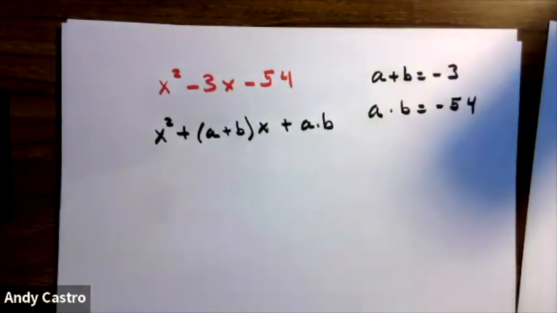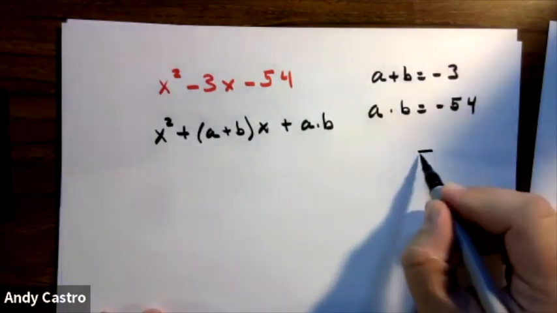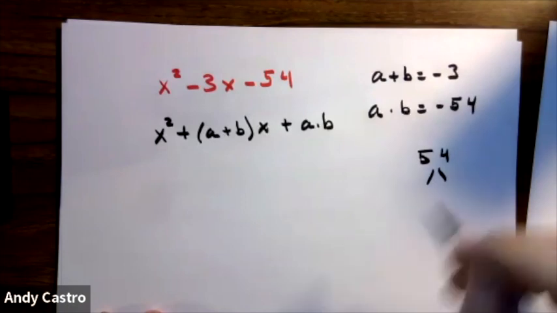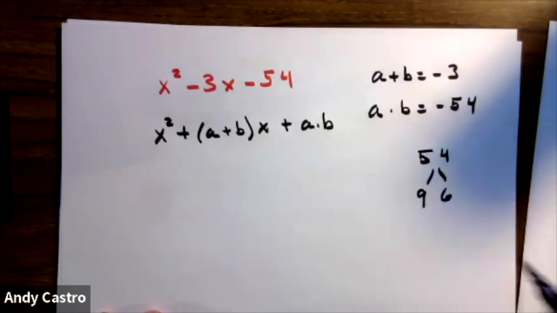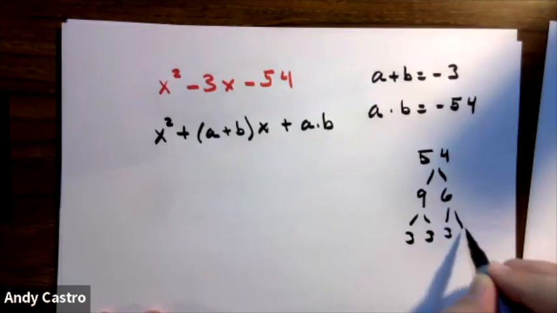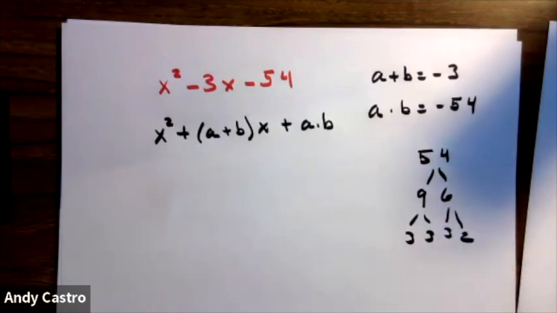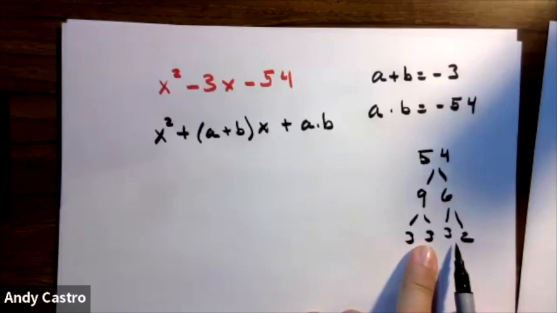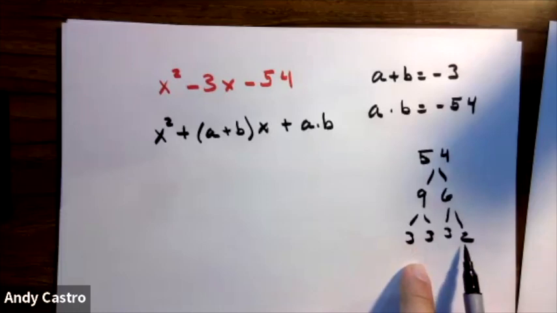All right, so what I'm going to do is a factor tree of 54. 54 I know is 9 times 6. This is 3, 3. This is 3, 2. Okay. So I can have 3 and 18, 9 and 6, 2 and 27.